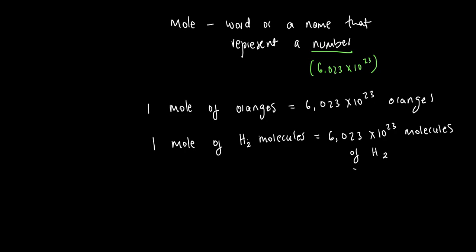And remember, one molecule is something like this. You have a hydrogen atom that is bonded to another hydrogen atom. So think of these things, 6,023 times 10 to the power 23 of them. That's quite a huge number, okay? And you won't finish today if you try to draw those number of molecules. So a mole is a name that represents 6,023 times 10 to the power 23 things.